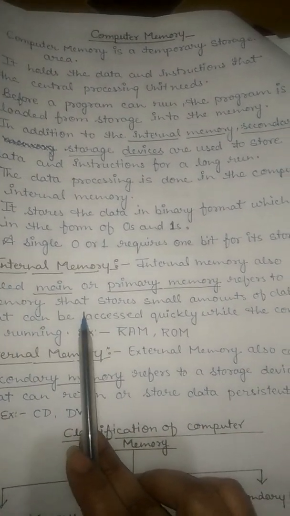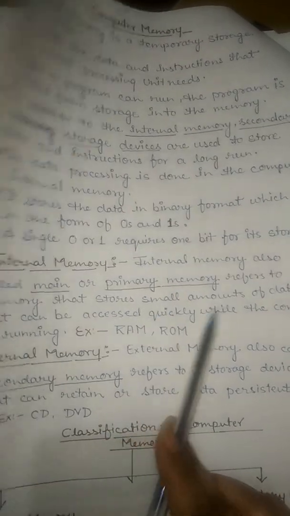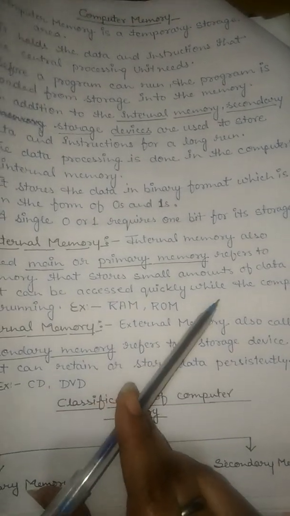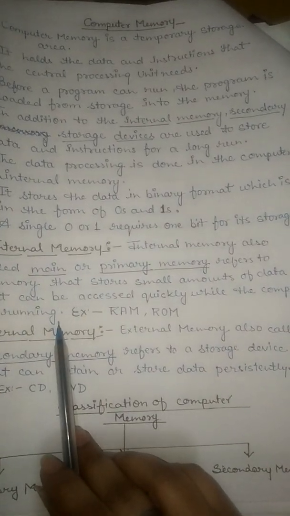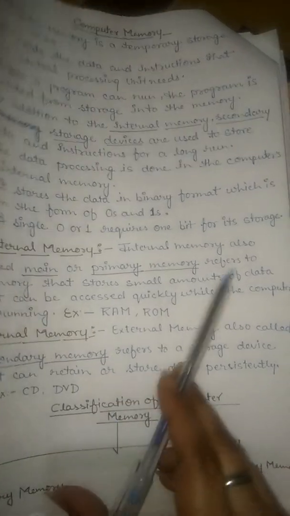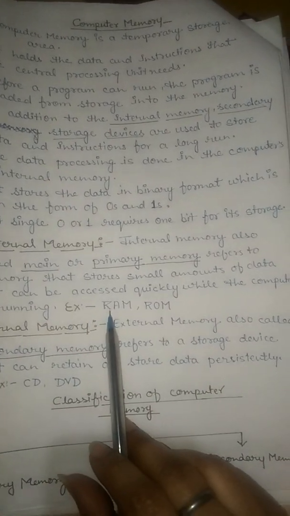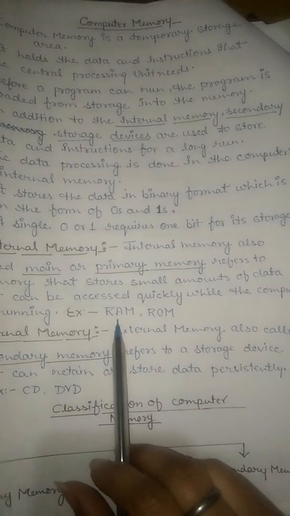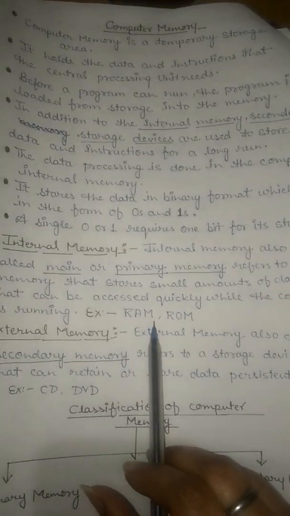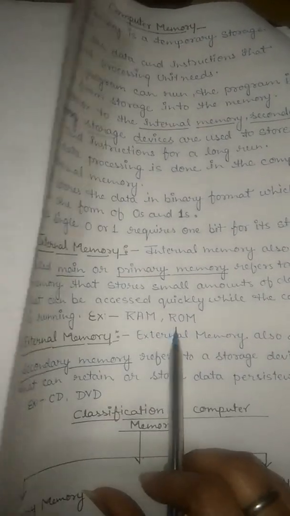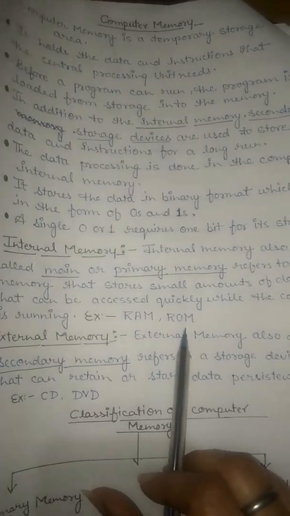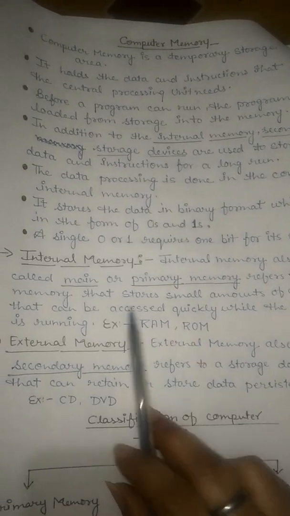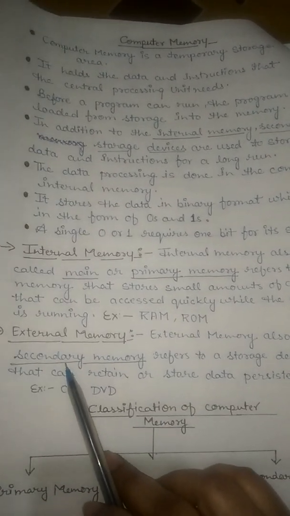It refers to memory that stores a small amount of data that can be accessed quickly while the computer is running, like RAM and ROM. RAM: R for random, A for access, M for memory. ROM: R for read, O for only, M for memory. So RAM and ROM are internal memory.